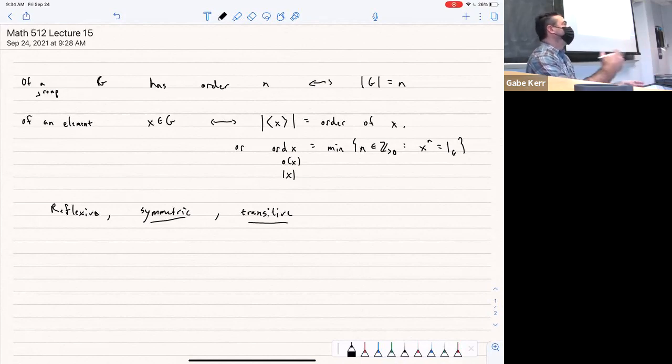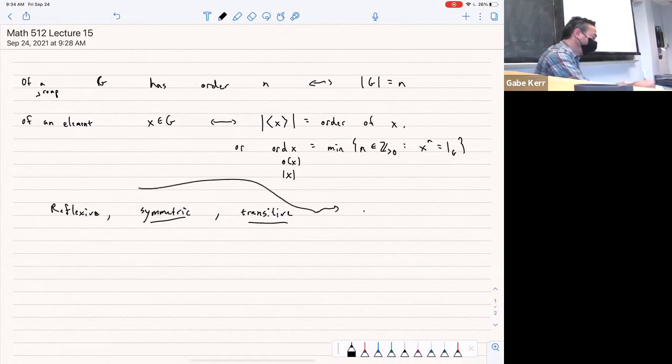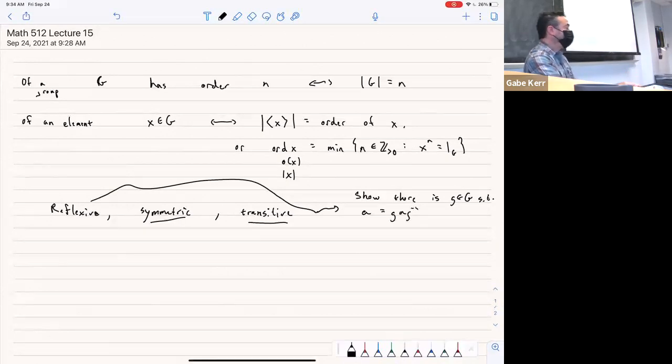A lot of people in the reflexive part would say, assume something like A is equivalent to gBg inverse, but you don't show that there is some group element. Here you want to just demonstrate that A is equivalent to A. So you want to show there is a group element g such that A is gAg inverse. You want to demonstrate the existence of such a g.